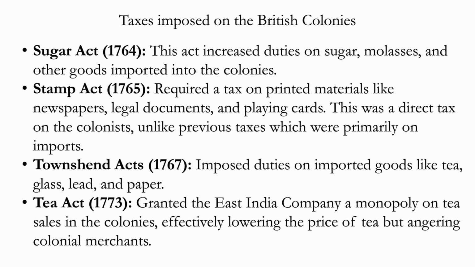So you had the Sugar Act and the Stamp Act. The sugar tax was on molasses and other goods. The Stamp Act required stamps to be put on legal documents and newspapers, and that means you had to buy the stamp to put it on the newspaper before you could sell it.